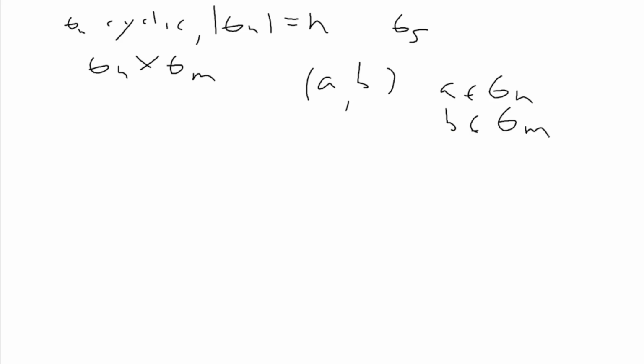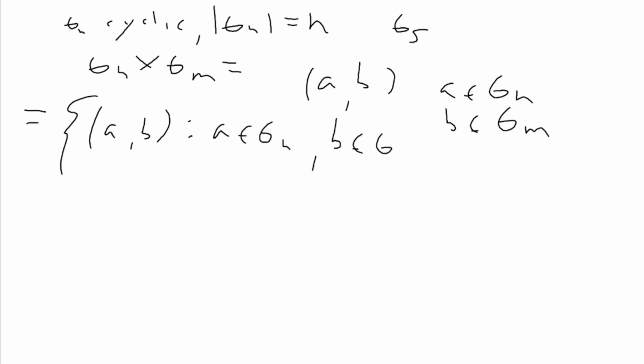So it's basically equal to all the two-tuples such that A spans Gn and B spans Gm. So all the combinations where A is one of the elements of Gn and B is one of the elements of the second group G sub m, where G sub m of course has m elements and is cyclic, and G sub n has n elements and is cyclic.